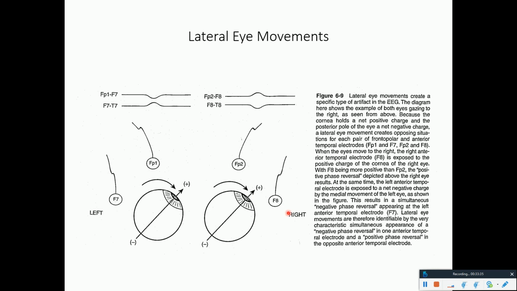The lateral eye movements are explained the same way as the blink artifacts, namely that the eye is a dipole, and if the dipole moves with respect to the electrodes, then certain electrodes pick up a larger positivity, and others a larger negativity.